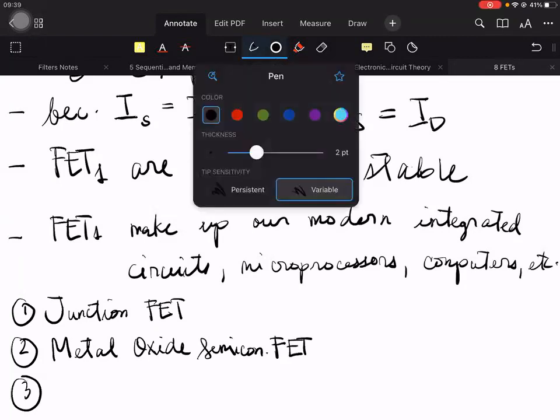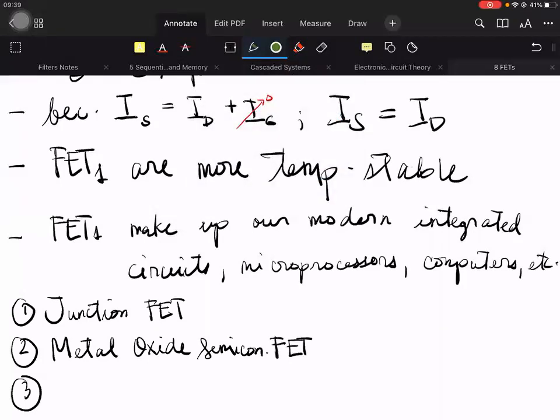Actually, all of these are made of this specific type of FET, MOSFET, not JFETs.